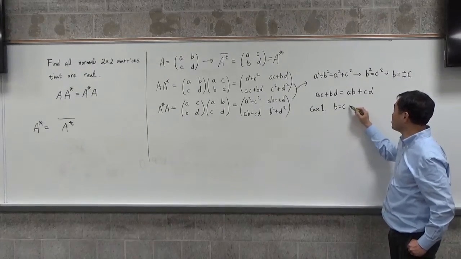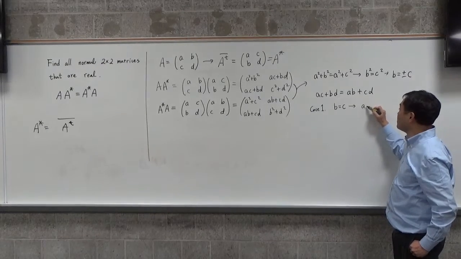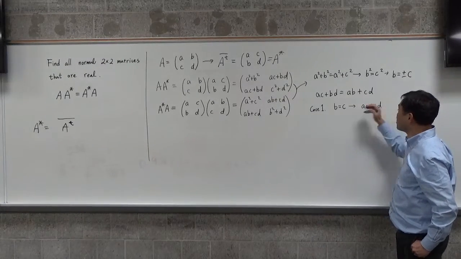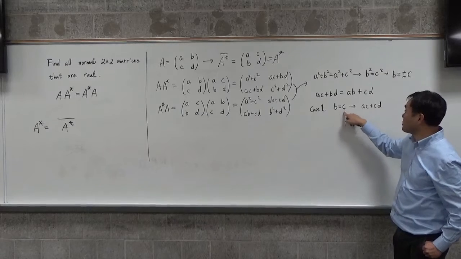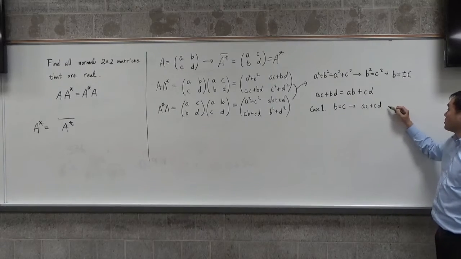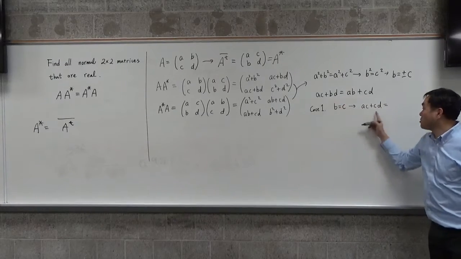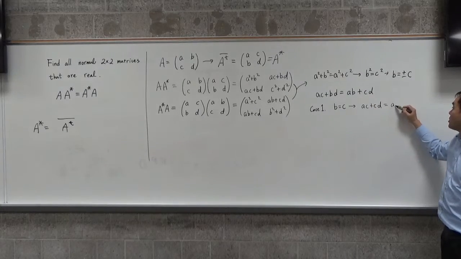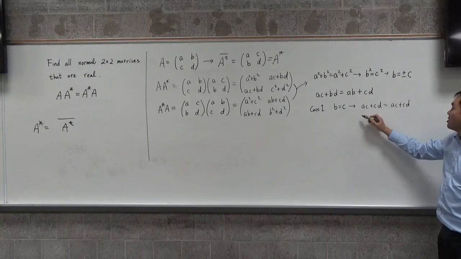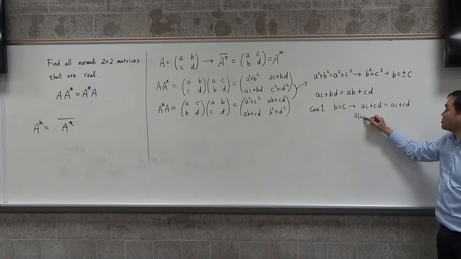If B is equal to C, then since B is the same as C, I'm going to replace B by C. Then the left side becomes this, and the right side again becomes the same thing. So it's always true.